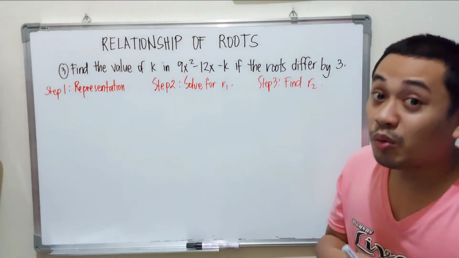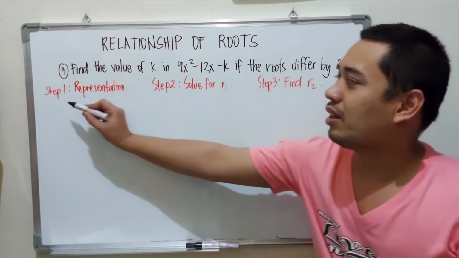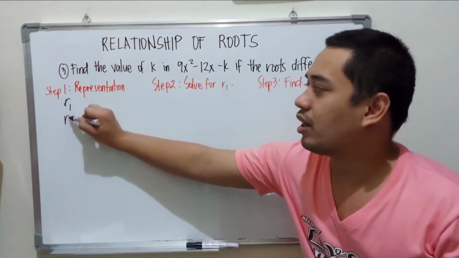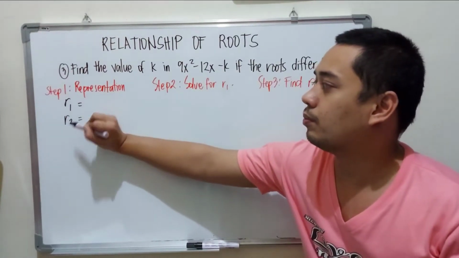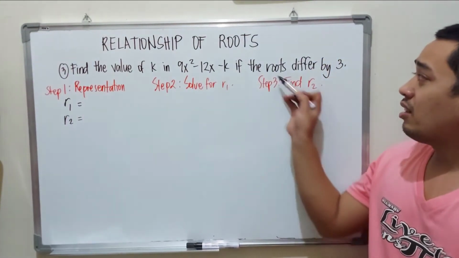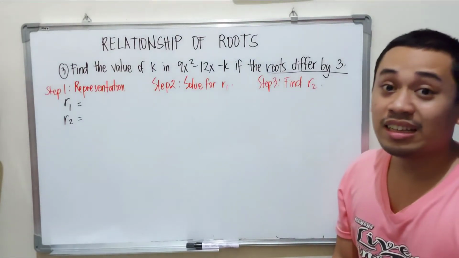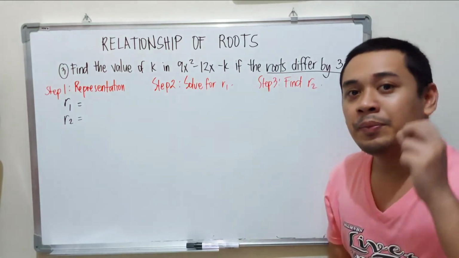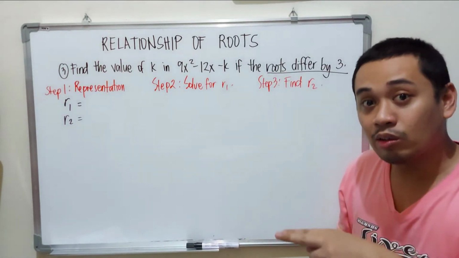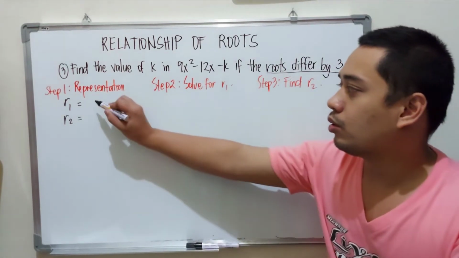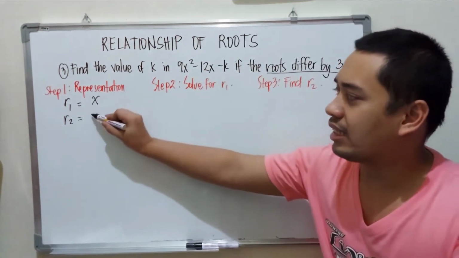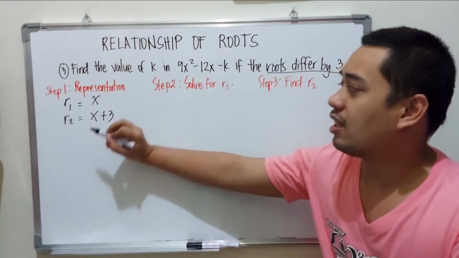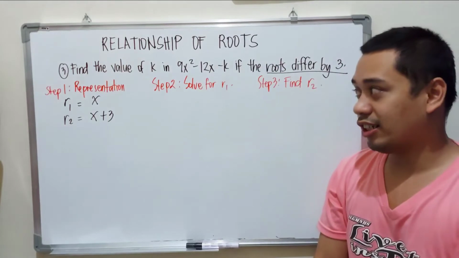We have R1 and R2, di ba? So ano yung magiging representation mo kay R1 and R2? So ang sabi dito, the roots should differ by 3. So ibig sabihin yung dalawa mong roots, dapat yung isa mas mataas ng 3 compared dun sa other. So let us try to use x and x plus 3 to represent R1 and R2.